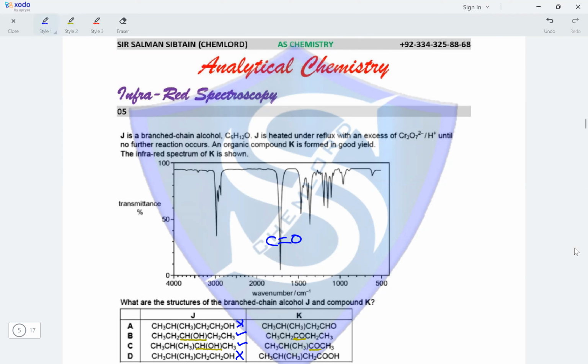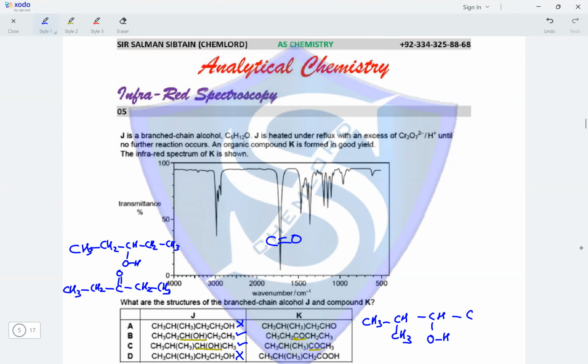For option B, we've got CH3CH2CH(OH)CH2CH3, and this is converted into CH3CH2C=OCH2CH3 in K. For option C, we've got CH3CH(CH3)CH(OH)CH3 as J. And for K, we've got CH3CH(CH3)C=OCH3.